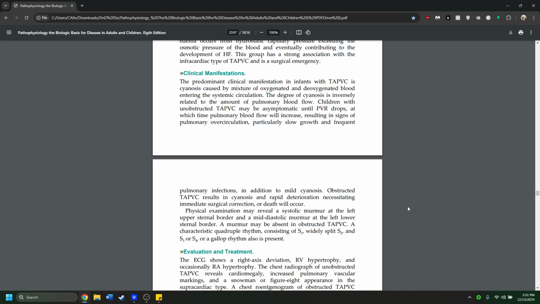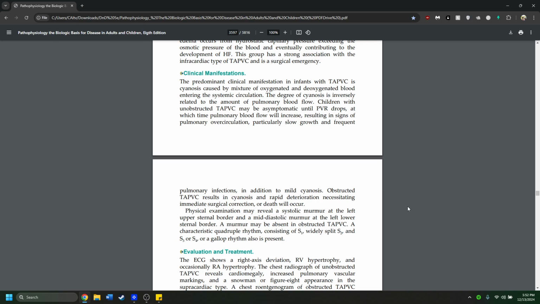Children with unobstructed TAPVC may be asymptomatic until the PVR drops, at which time pulmonary blood flow will increase, resulting in signs of pulmonary overcirculation, particularly slow growth and frequent pulmonary infections, in addition to mild cyanosis. Obstructed TAPVC results in cyanosis and rapid deterioration, necessitating immediate surgical correction or death will occur.